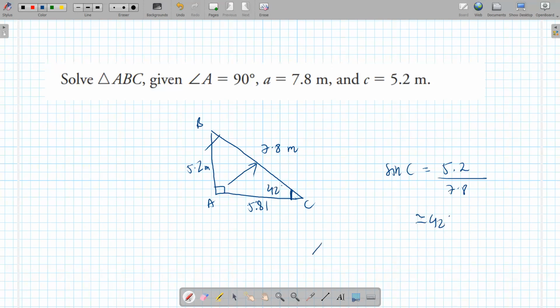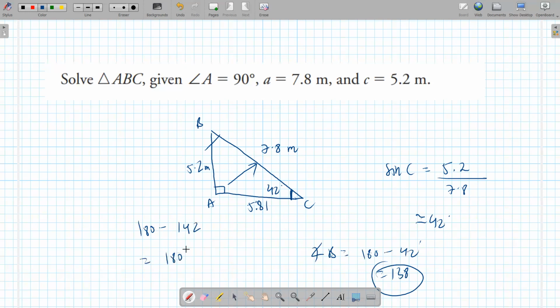How can we find angle B? You subtract from 180. So it's going to be 180 minus 42, which is 138. Here's a quick tip for mental maths.